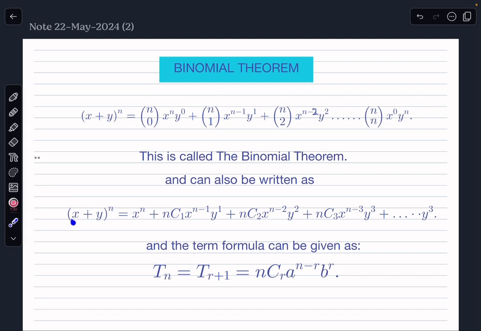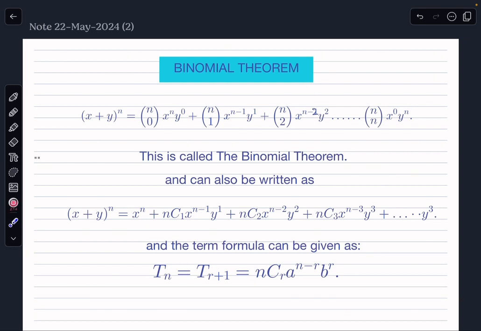Now we can see that the first term here has the highest power, which is n, and then the power decreases by 1, so that we have plus nC1 x to the power n minus 1 y to the power 1, plus nC2 x to the power n minus 2 y to the power 2, plus nC3 x to the power n minus 3 y to the power 3, plus continued terms up till we come to the final power of the second term as n, meaning it's y to the power n here.